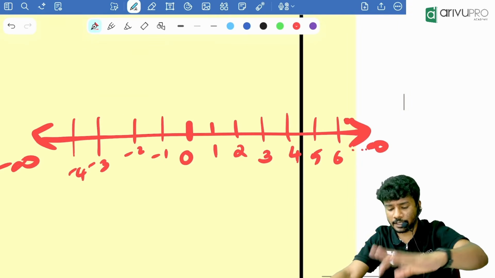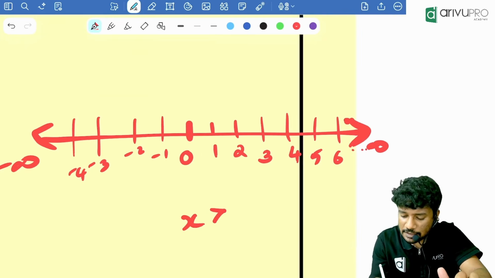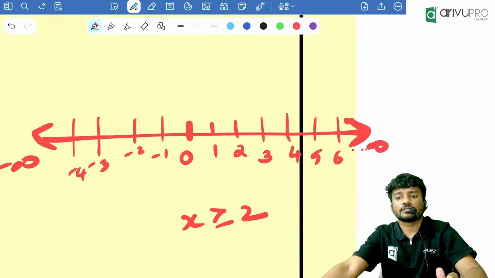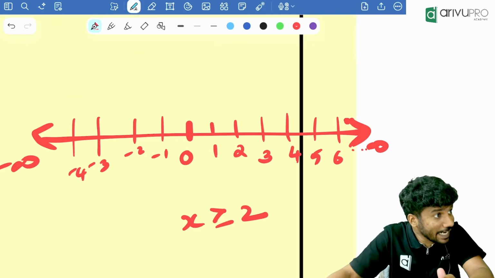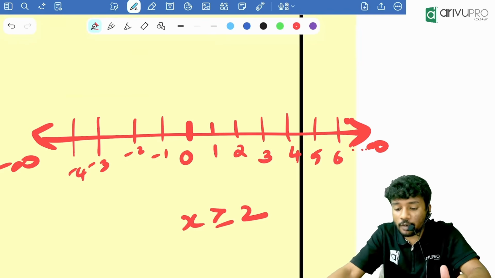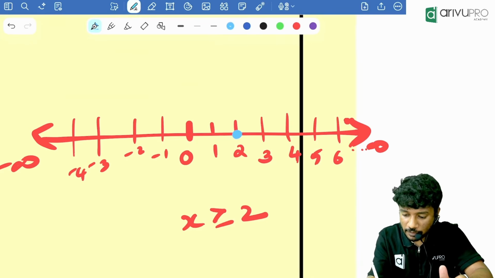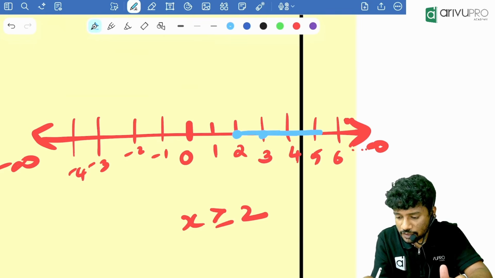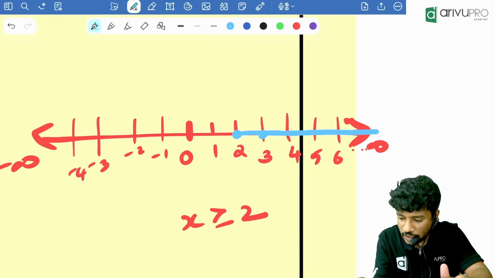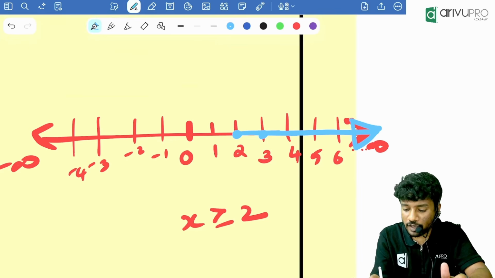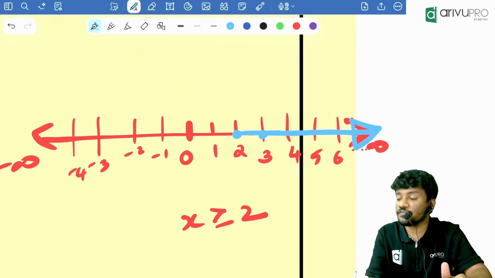Now people, I am saying x is greater than or equal to 2. What all possible values are there for x? 2 is there. Then any number between 2 and 3 is there. Then 3, 4, 5, 6, 7, 8, etc. till infinity. So any number from 2 till infinity is there.